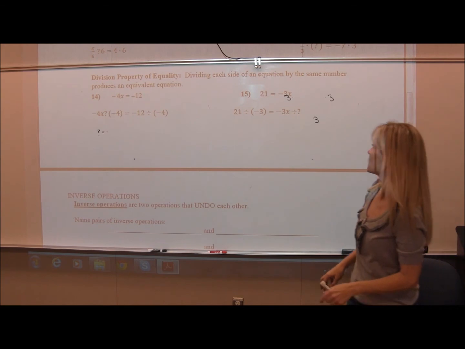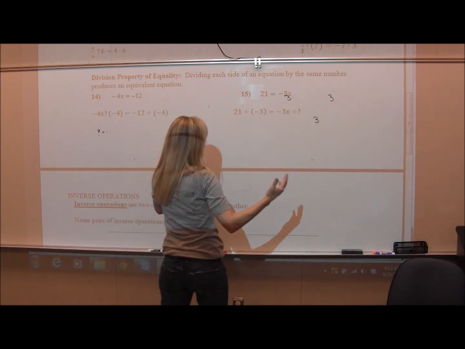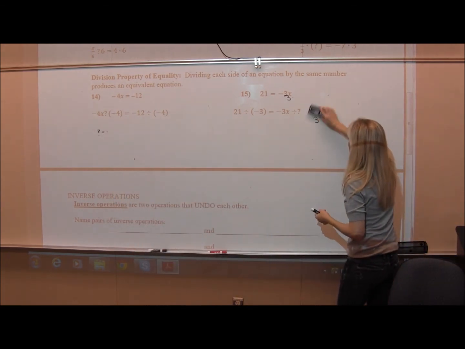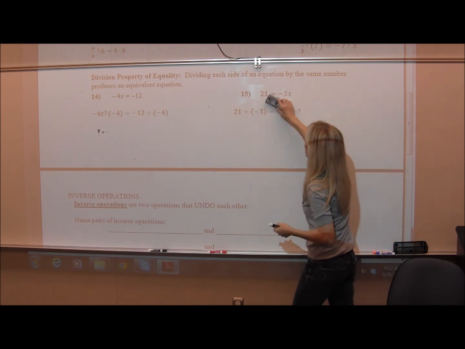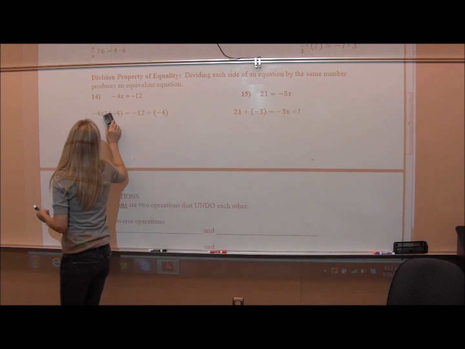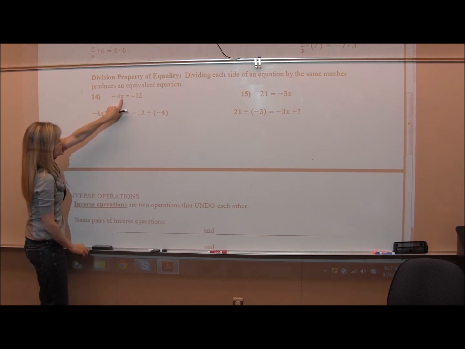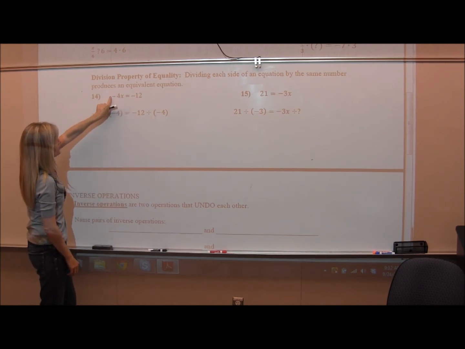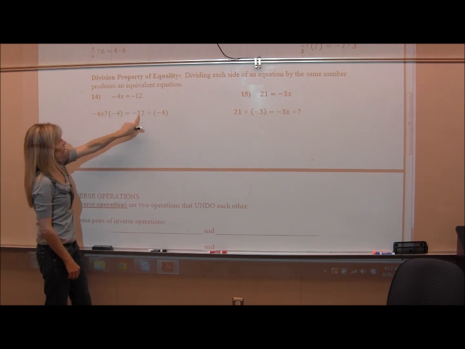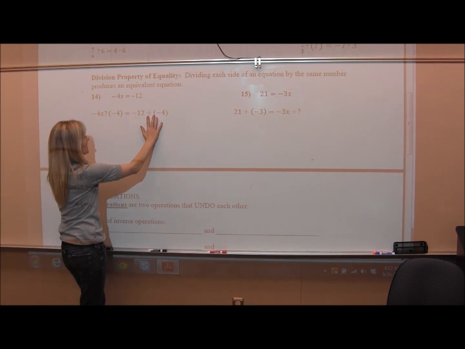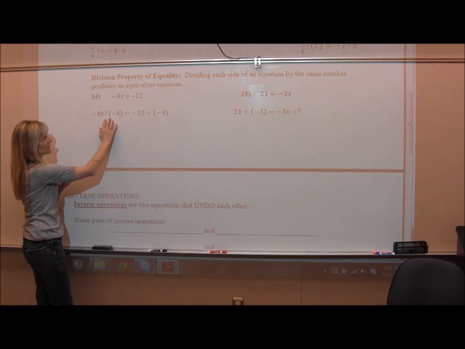And then the division property of equality just says you can divide both sides by the same thing. So that's what we're doing. We're dividing both sides by the same number. In this case, because we want just one x here, we want to divide it by -4. So we're dividing this side by -4, so what are we doing over here?